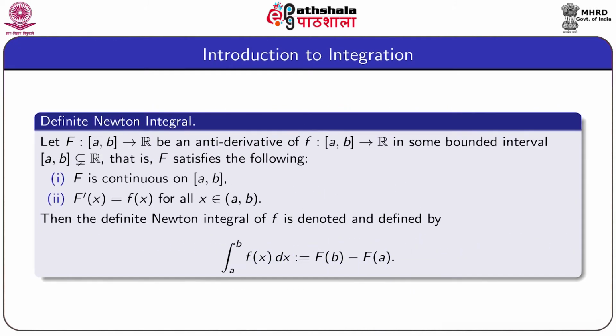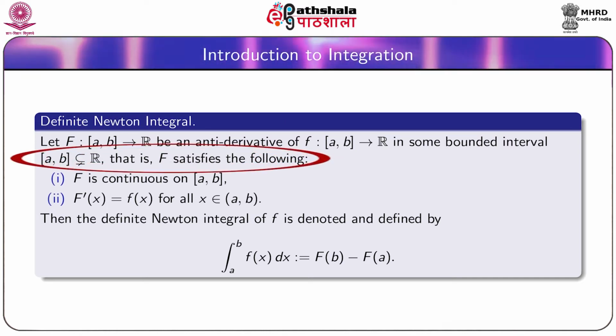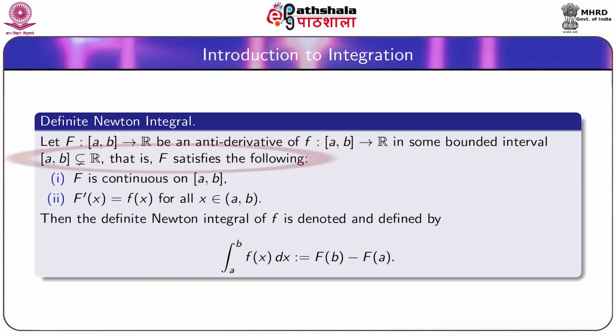Definite Newton integral. Let capital F defined over a bounded closed interval [a, b], real valued, be an antiderivative of a function small f defined over the same bounded closed interval [a, b]. That is, capital F satisfies the following properties.